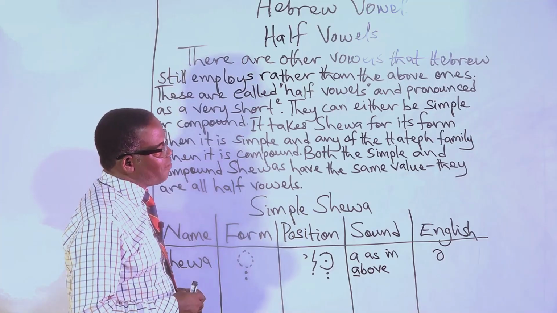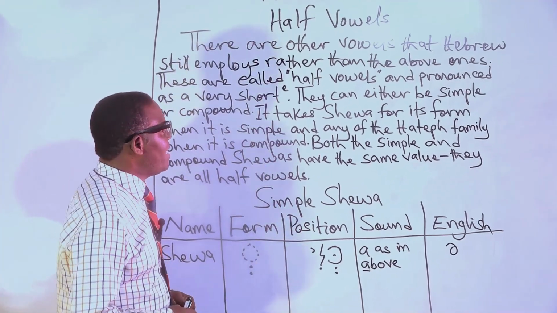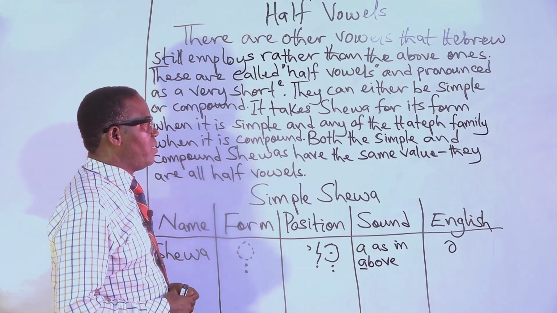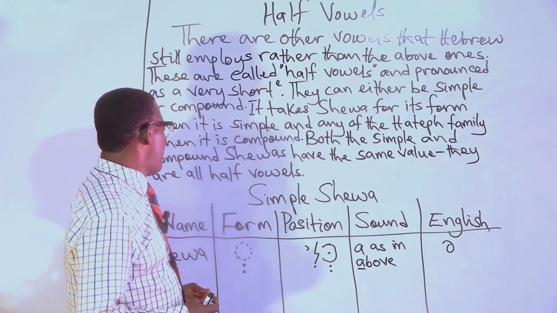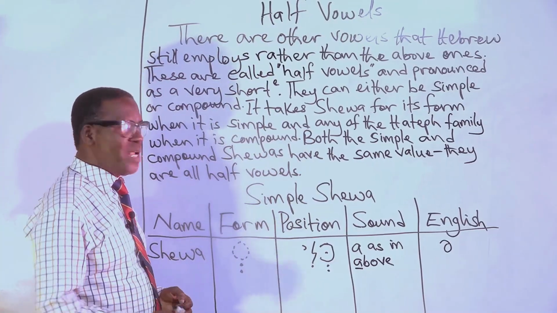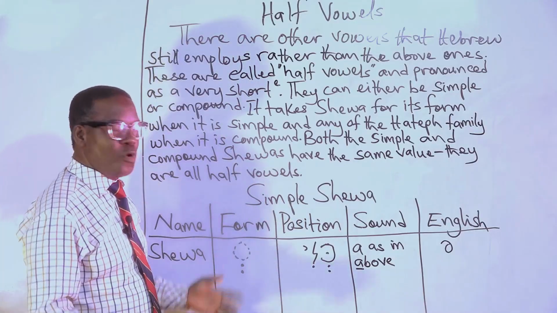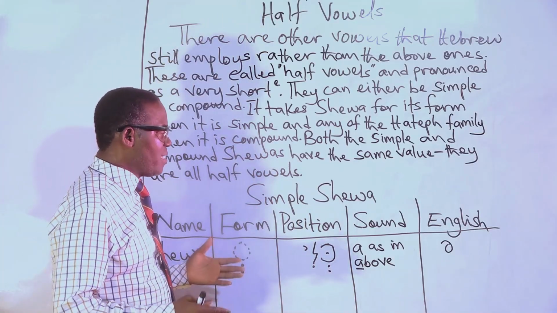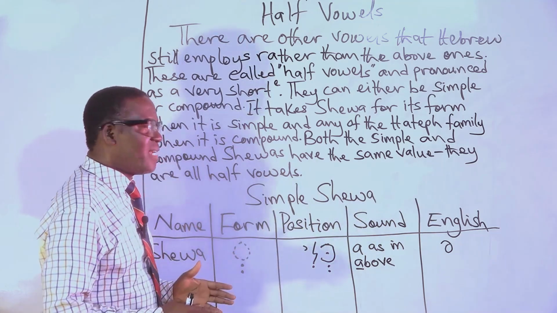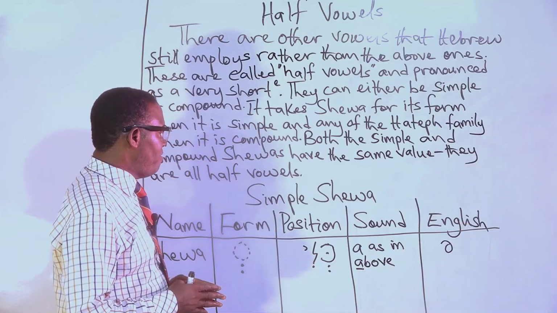It takes shewa for its form when it is simple, and any of the Hateph family when it is compound. Both the simple and the compound shewas have the same value. They are all half vowels. These half vowels are in two parts: the simple shewa and the compound shewa, or the Hateph family.